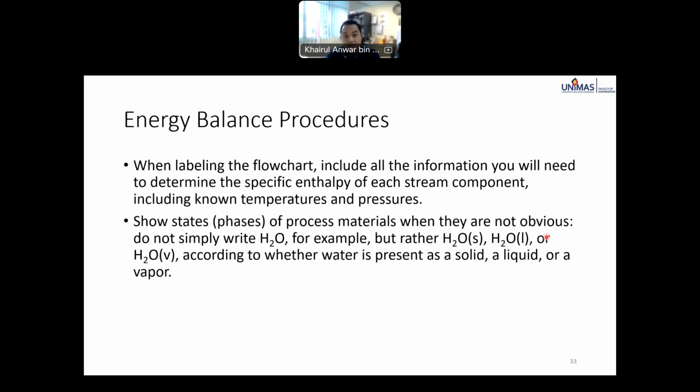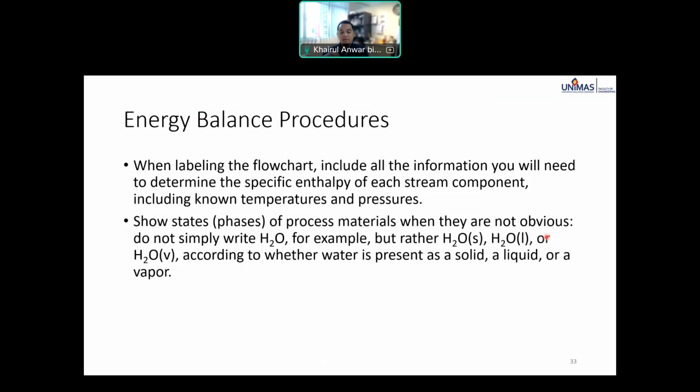Next is the energy balance procedure. When labeling the flowchart, include all the information you will need to determine the specific enthalpy of each stream component, including temperature and pressure. Show states of aggregation or phases of the process species when they are not obvious.